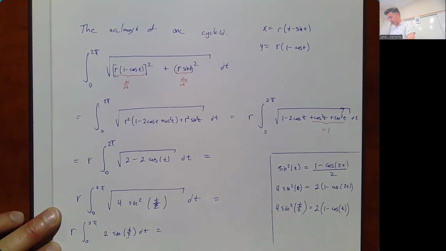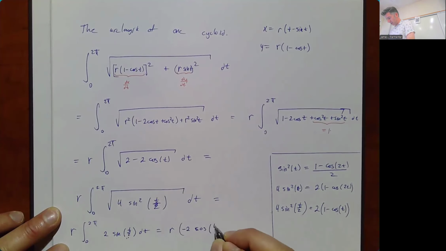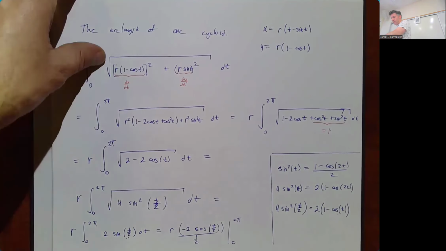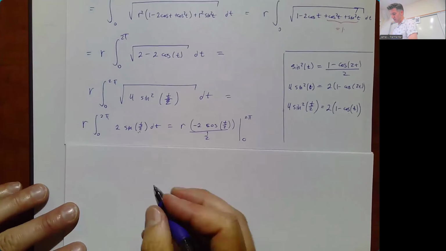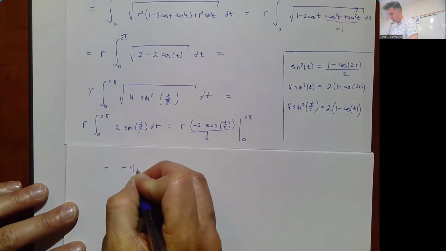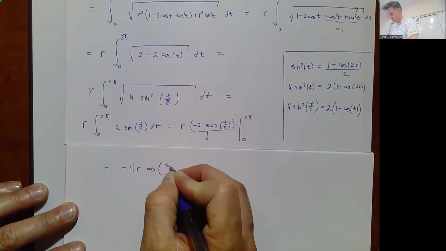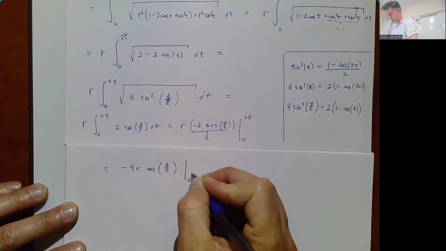So then we can integrate this and get r times 2 times negative cosine of t over 2 divided by 1/2, from 0 to 2 pi. I wish I had more room on this piece of paper. Simplifying this a tiny bit, we end up getting negative 4r cosine of t over 2 from 0 to 2 pi.